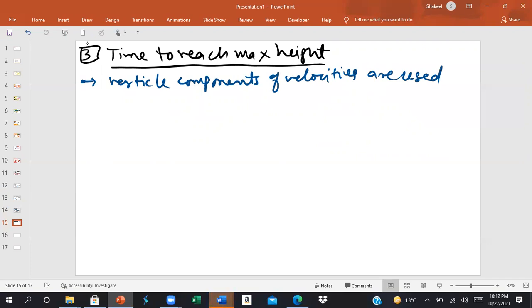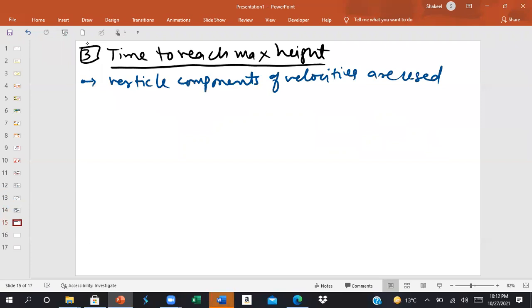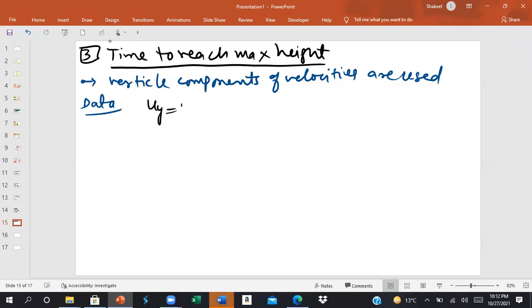It's the same case as the previous one, so we have to pick the data. What is the data? uy is given, which is u sine theta. And a is also given, which is minus g. And the final vertical velocity at maximum height is 0. And what you have to find is t.